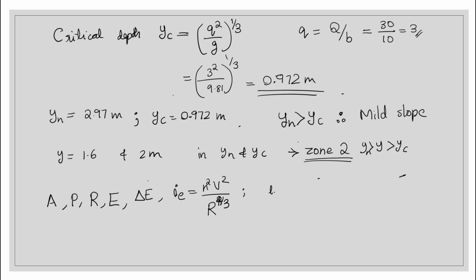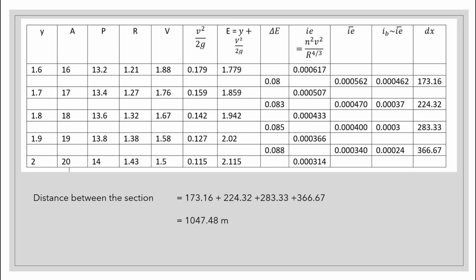Finally we calculate IB minus IE dash, and from that we identify the length using the equation dx is equal to delta E divided by IB minus IE dash. For that we use a table.